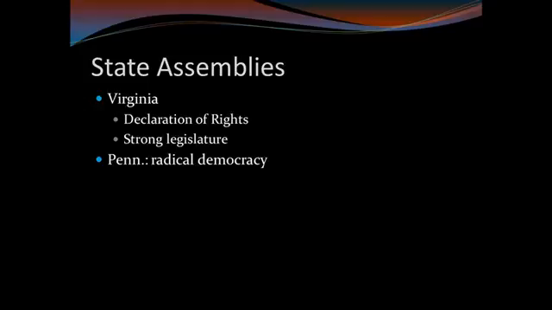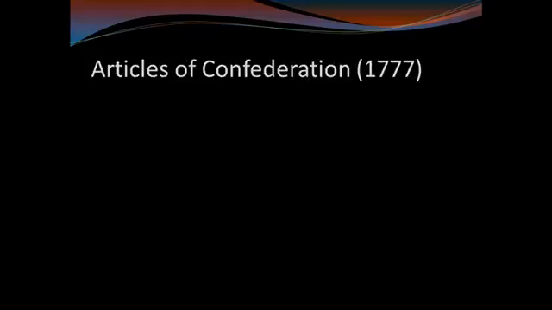I give you those two examples so that you can see the poles, right? A very conservative constitutional government in Virginia and a very radical democratic government in Pennsylvania. And these states would come together and they're going to try to create a new constitution. So that's sort of a little bit of the background.